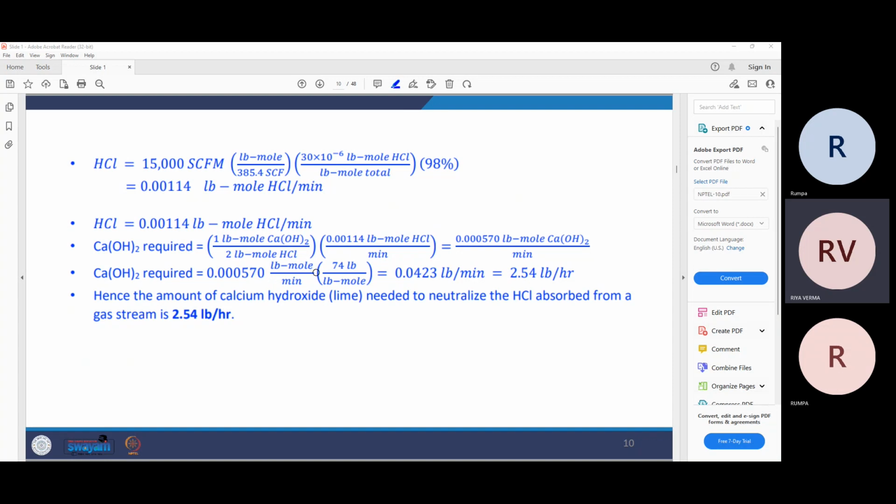And multiplying this by the molecular weight of Ca(OH)2, that is 74, we'll get the value of Ca(OH)2 required, that is 0.0423 pounds per minute, and then to convert this into per hour, we'll multiply this by 60, so that is 2.54 lbs per hour.